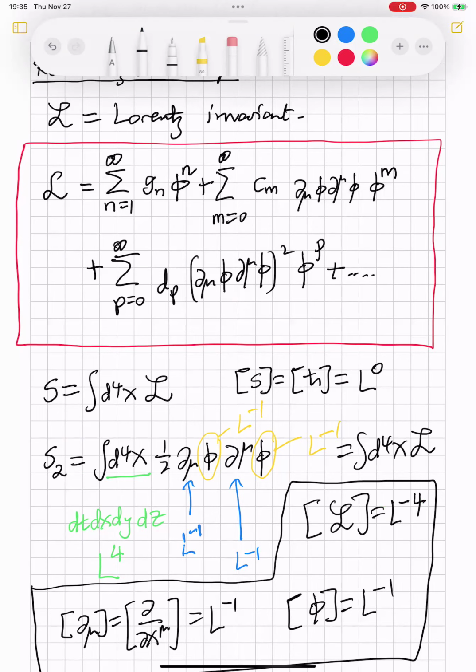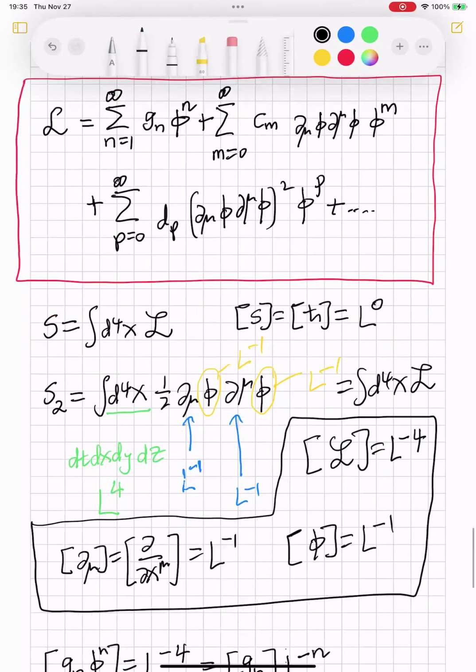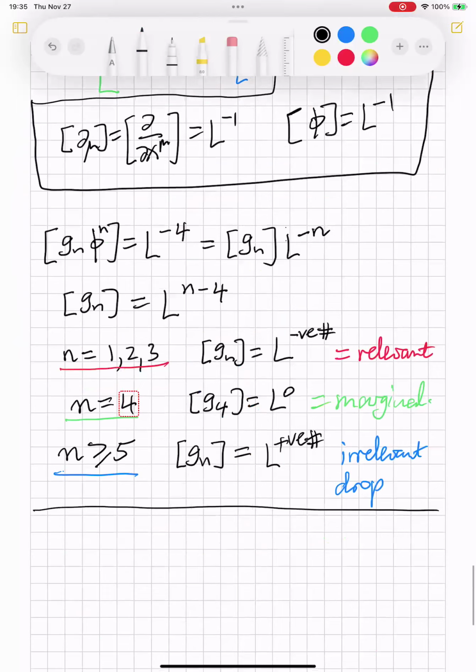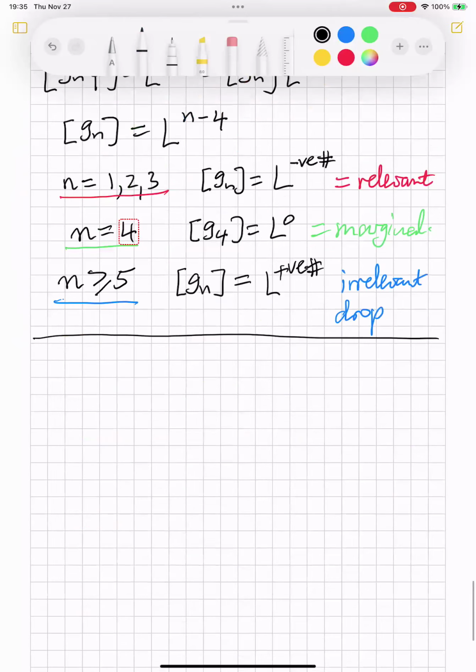Good. Did you do the exercise? So let's discuss it. This is what I got. So check that you got the same result. So when I did dimensional analysis on Cm, I found that this was length to the m. So what I found was, if you look at C naught, this is marginal.